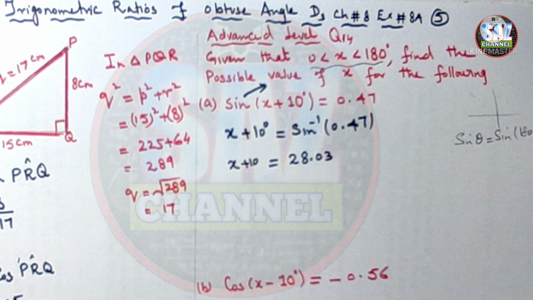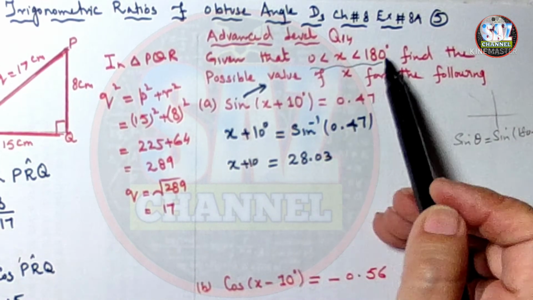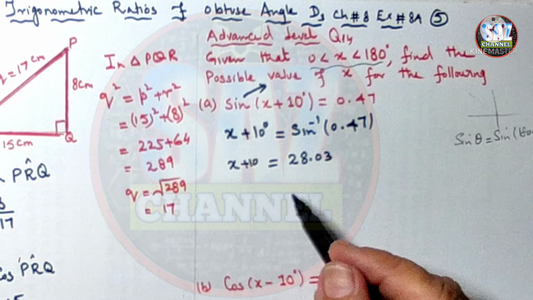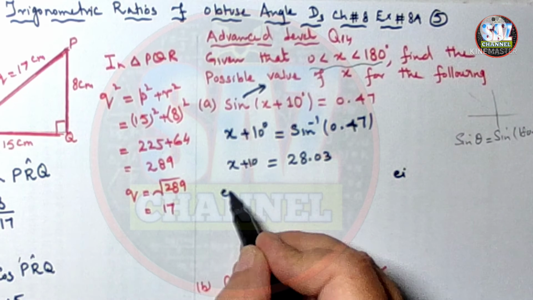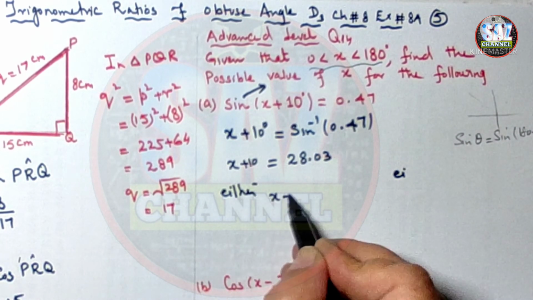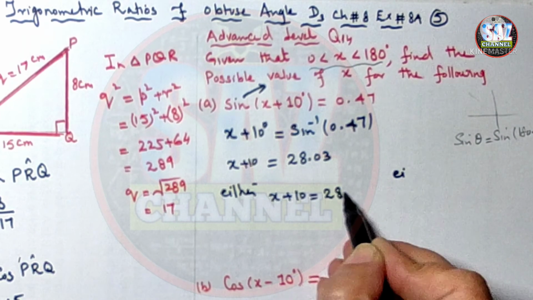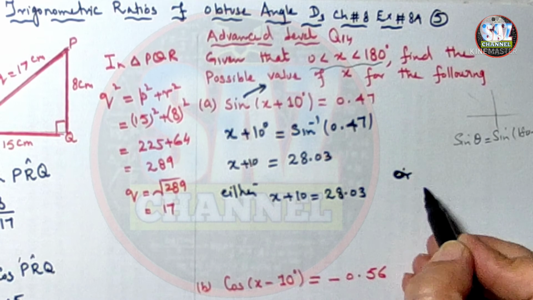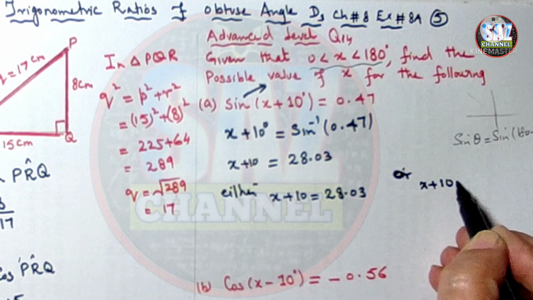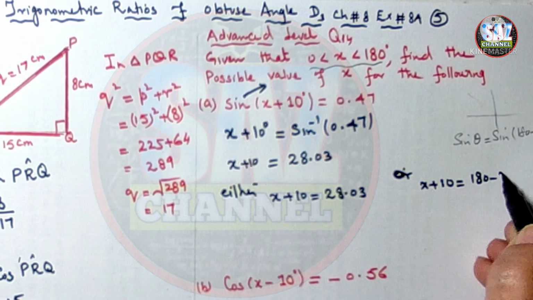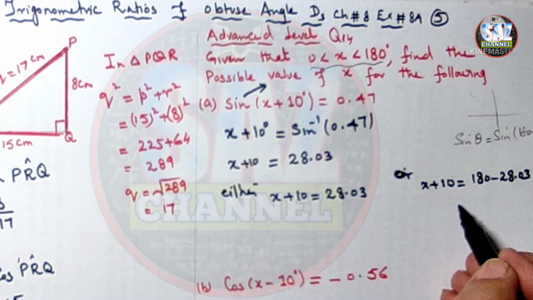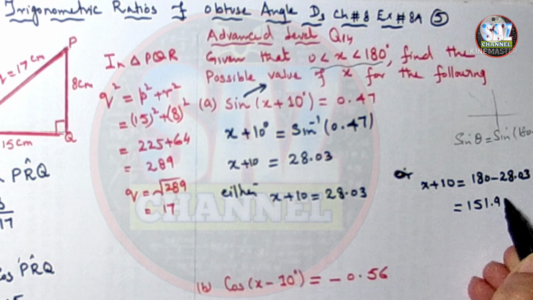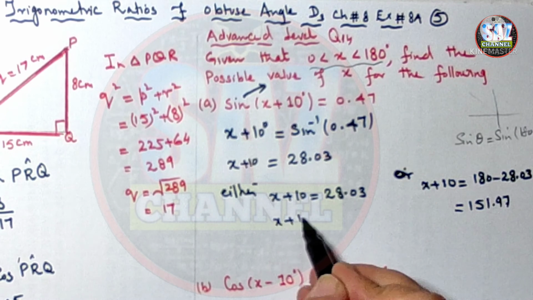Now, as the range of values of x is between 0 and 180 degrees, either x plus 10 will be equal to 28.03, or x plus 10 will be equal to 180 minus 28.03, and this is equal to 151.997.